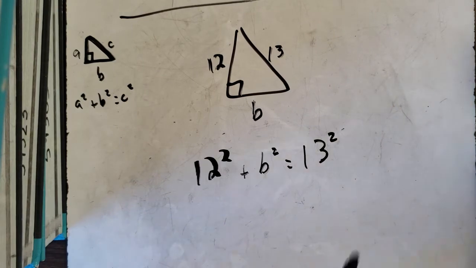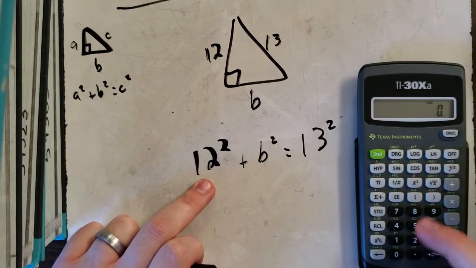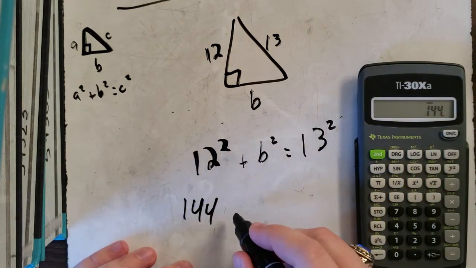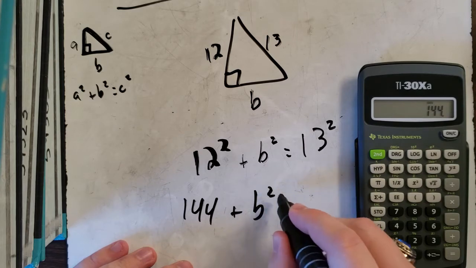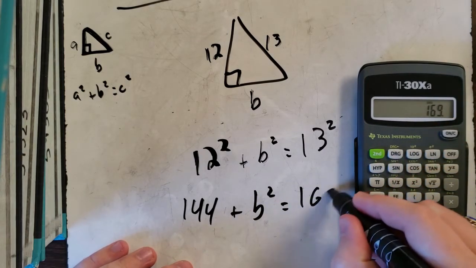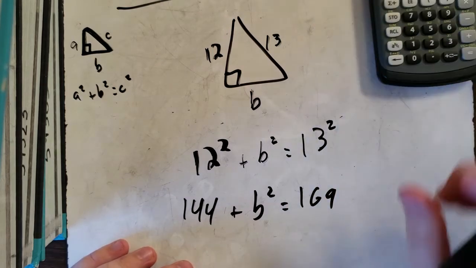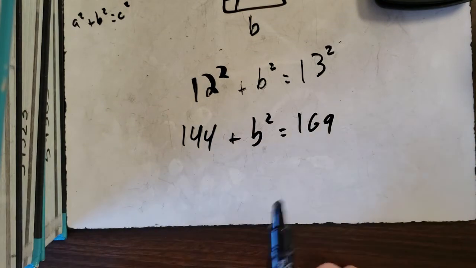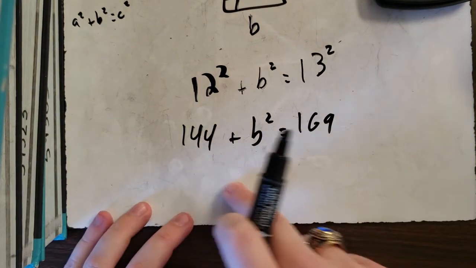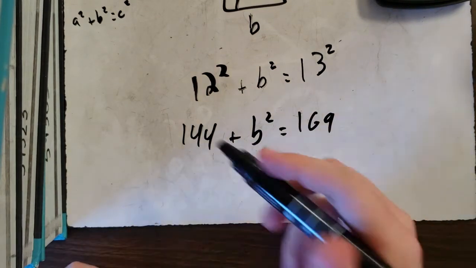Now, do what we know. 12 squared is 144. B squared, we don't know, so we bring it down. 13 squared is 169. Now, what do we need to do to get this letter by itself? Well, we need to move this 144 to this side. 144 is positive. What do we do with it?